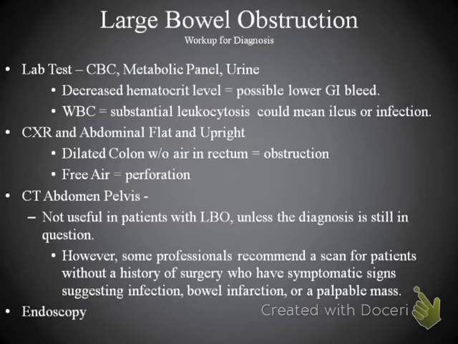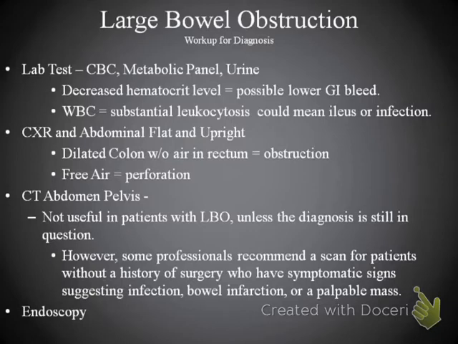A metabolic panel is indicative, once again, of dehydration, and urinalysis is looking for some other causation of the lower abdominal pain, lower pelvic pain, which could typically be associated with renal stone. And so if a patient has a history of renal stones, then it becomes necessary to actually look and see whether there is a renal stone there as well.